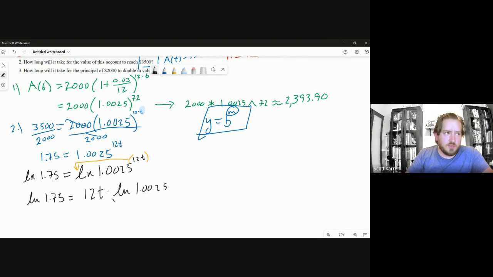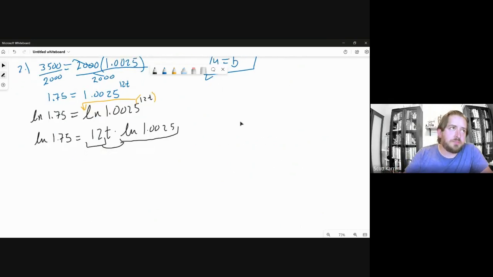Now again, this natural log of 1.0025 is just some number. I don't know what it is. It's just a number. But that means 12 multiplied by that thing is just a number. And I can divide both of those out. So I will. I'm going to divide from the right-hand side, 12 times the natural log of 1.0025.